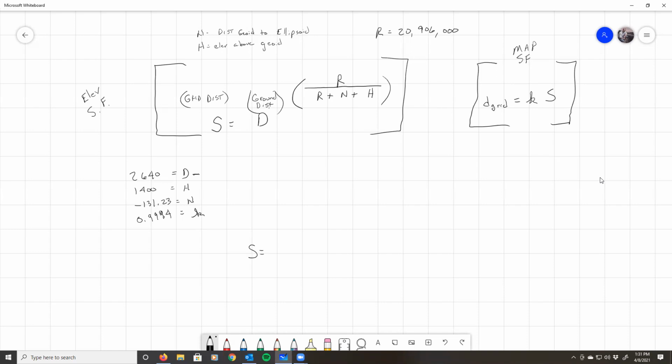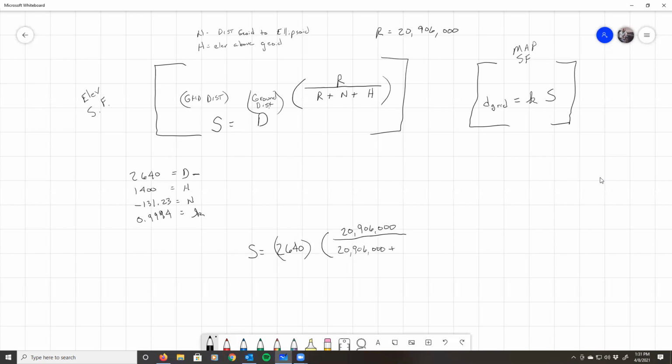So S is equal to 2640 times 20,906,000 divided by 20,906,000 plus 1,400.